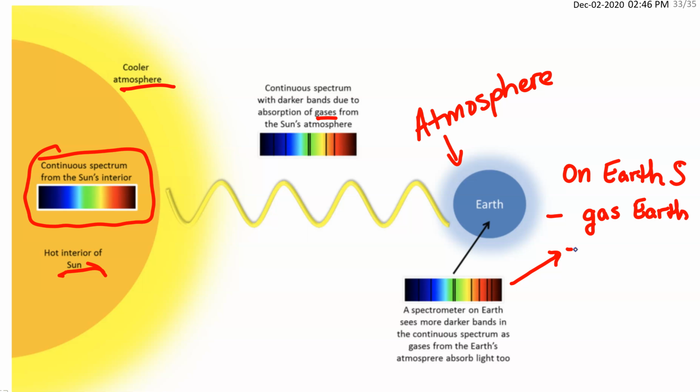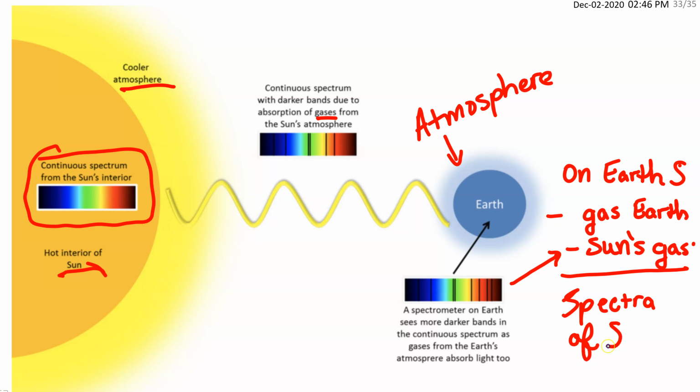If we subtract the sun's gases, we are left with the spectra of the sun. So that allows us to identify what the sun is made of, what the sun is doing.